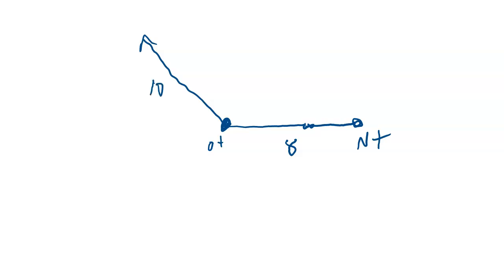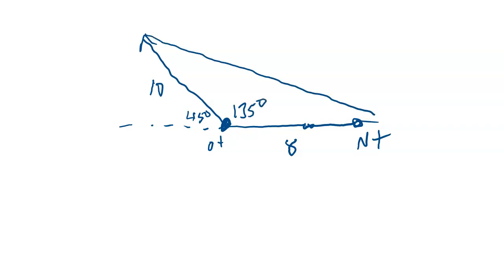If you were to draw this, true northwest is a 45 degree angle, and its supplementary angle would be 135. Sounds right. And then we have this triangle being made, and they want to find the distance between Newtown and Littleton. They want to find this C.